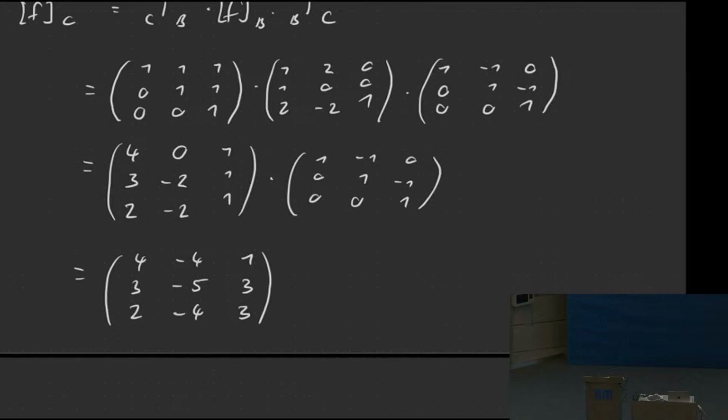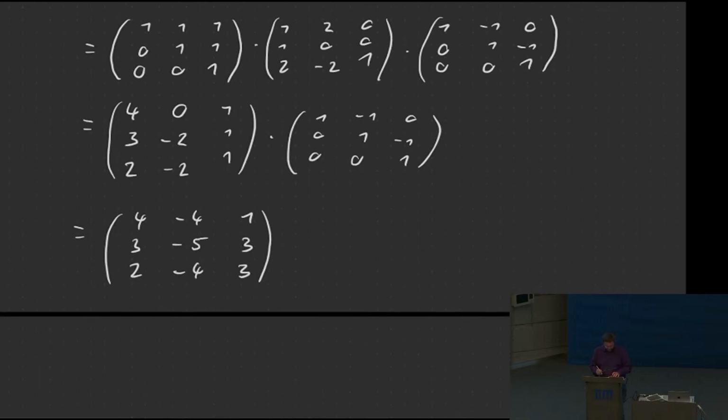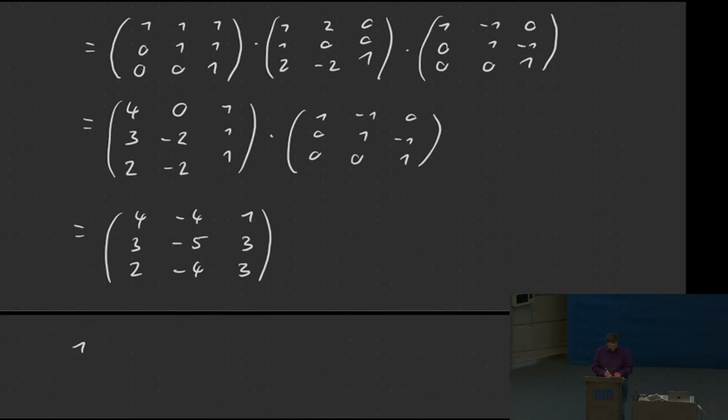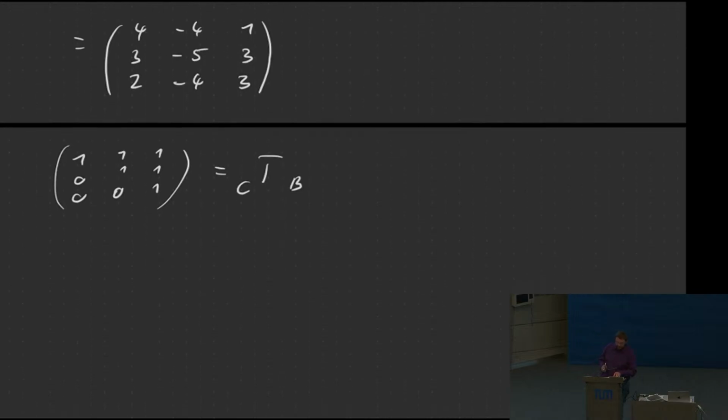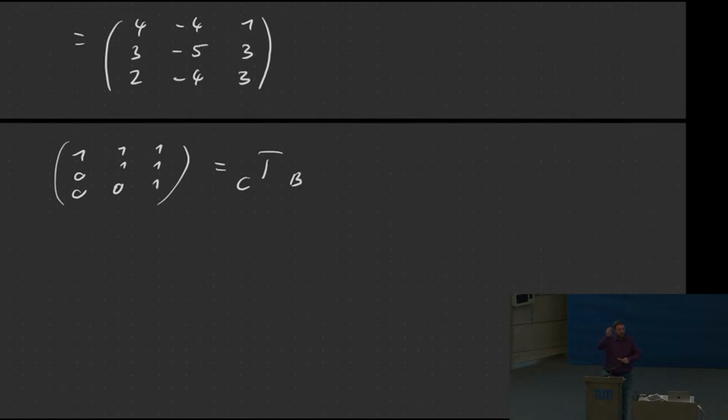So again, my argument is this. This transformation, let me write that down once again. That transformation matrix here, that was this one, right? 1, 0, 0, 1, 1, 0, 1, 1, 1. And that was, I said, the transformation from B to C. Now what that does is it converts B coordinates into C coordinates, right? If we look at this vector here, let's take that last one first.